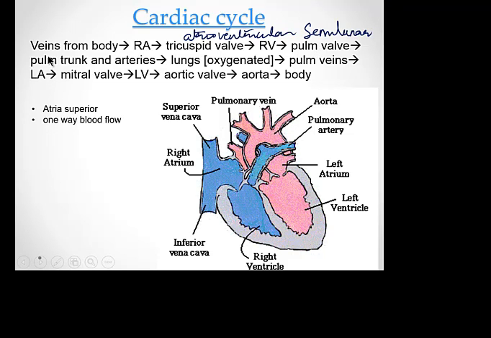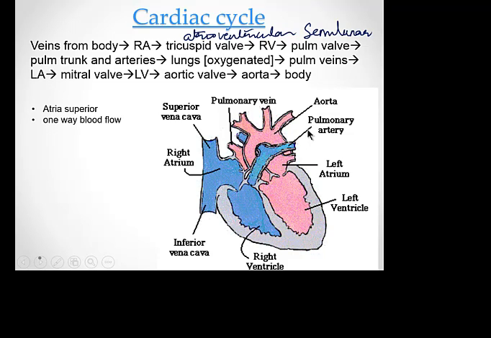The word pulmonary has to do with lungs. So engrave this in your head: pulmonary means lungs. From the right ventricle, through the pulmonary valve, blood goes into the pulmonary artery, which divides into a right and a left pulmonary artery. So it goes to the lungs, where it gets oxygenated, because this blood is deoxygenated, with less oxygen and more carbon dioxide.